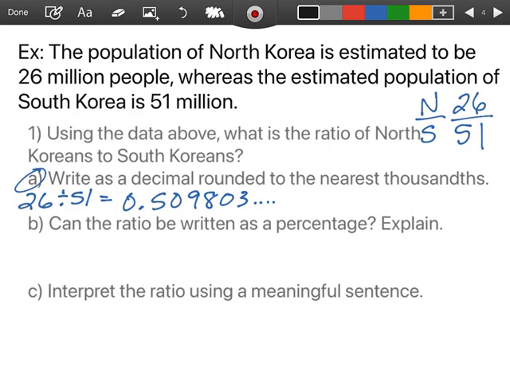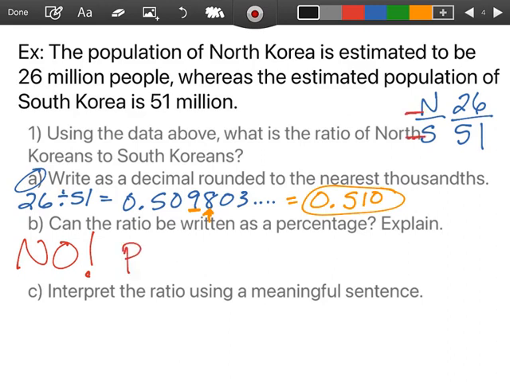So rounding to the nearest thousandth, that's in the third place. So I look at the 8. The 8 tells me to round up. So I end up with 0.510. There's my decimal rounded to the nearest thousandth. Now, can I write this as a percentage? No. Because, as we already talked about, North to South is part to part.